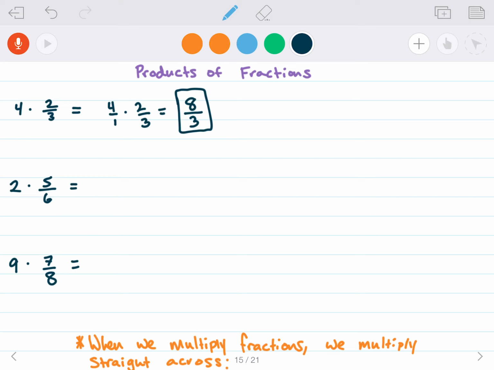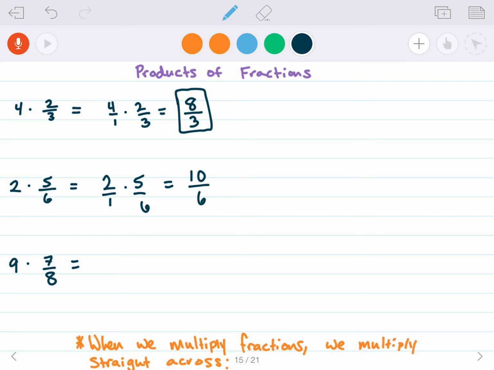We have 2 times 5 over 6. So we have 2 over 1 times 5 over 6. We can multiply straight across. 2 times 5 is 10 on top. 1 times 6 is 6 on bottom. And from here, we always want to write our answers in simplest form, okay?